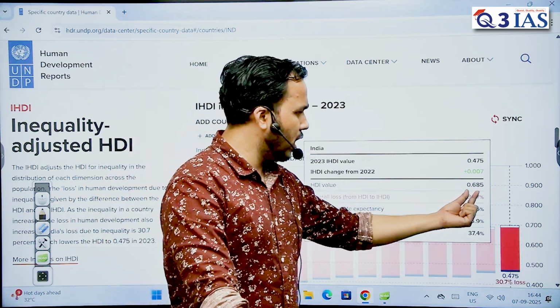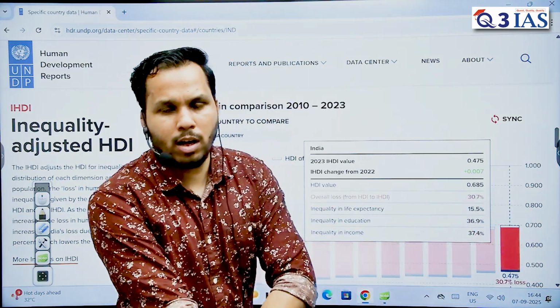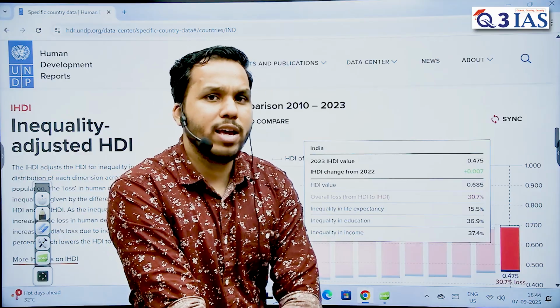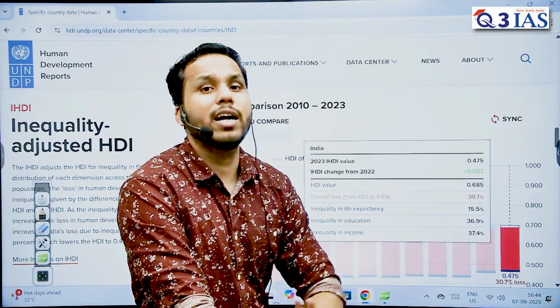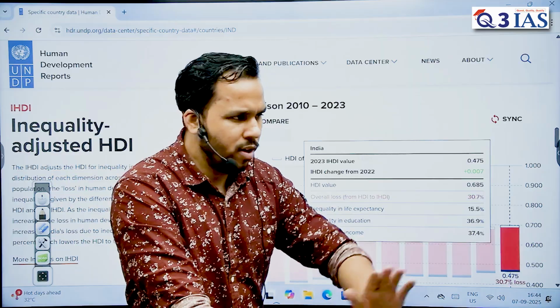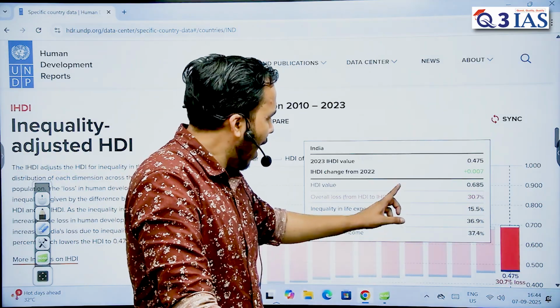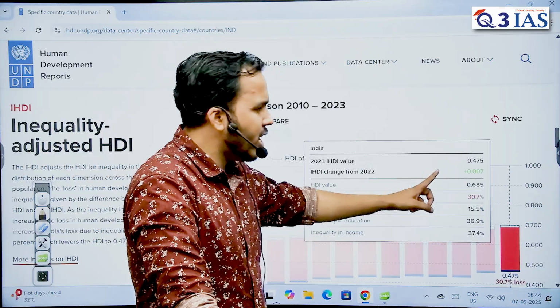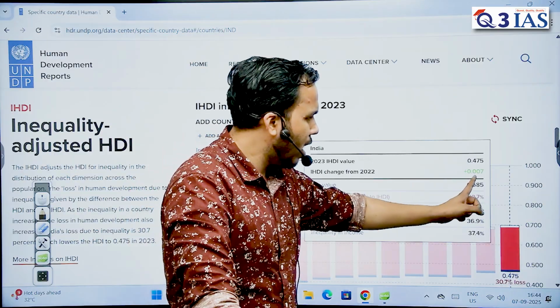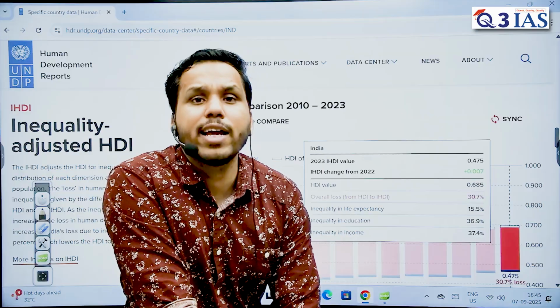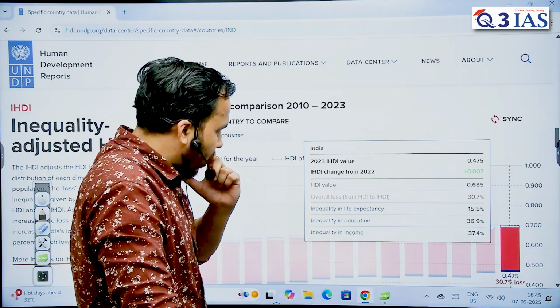That was 0.685, which means we have the average human development value. And what is the IHDI? It means the inequality is being adjusted. Adjusted means we have subtracted the inequality. How is the inequality found here?